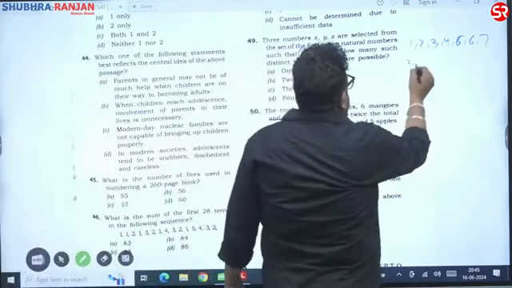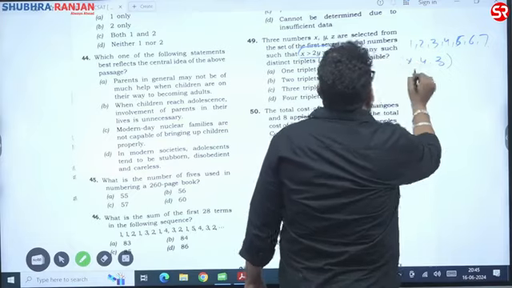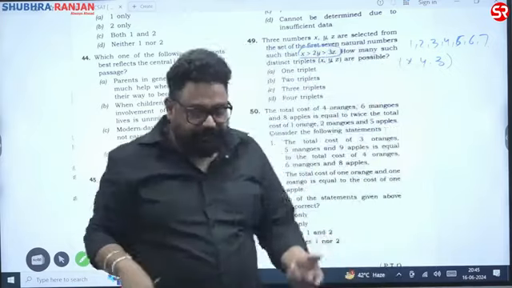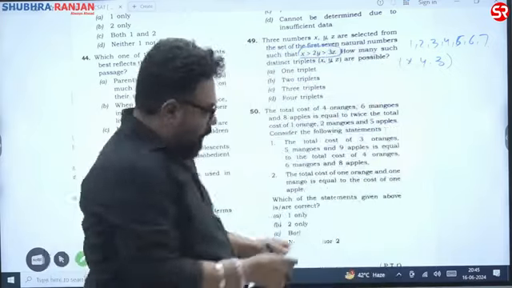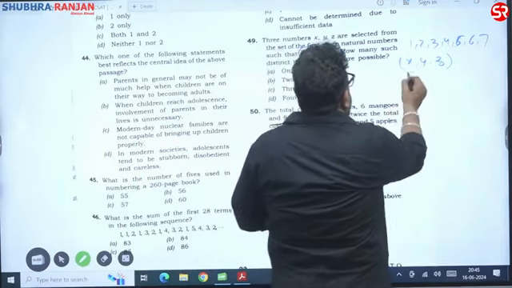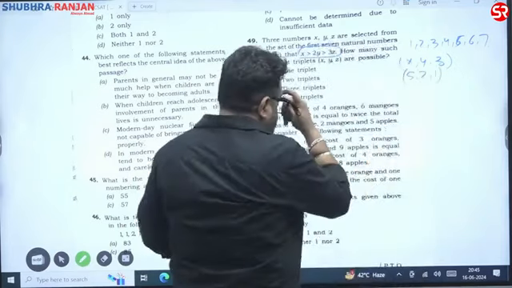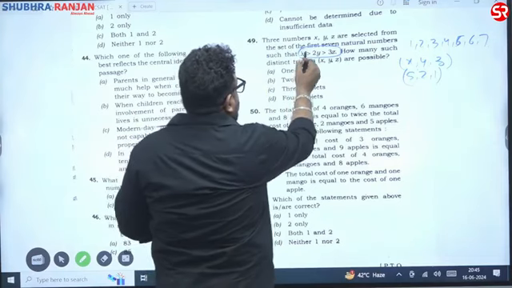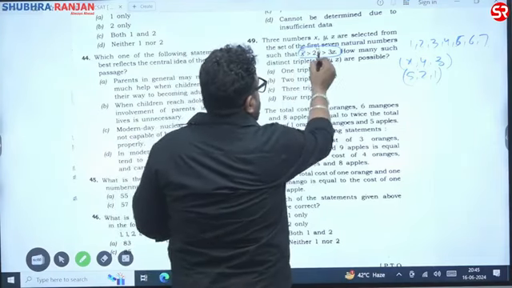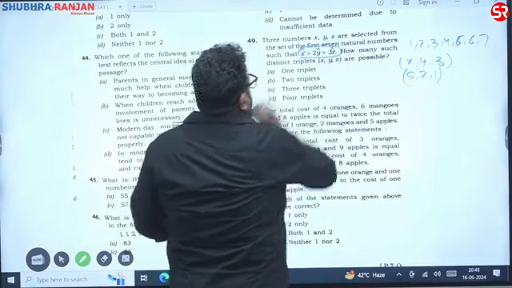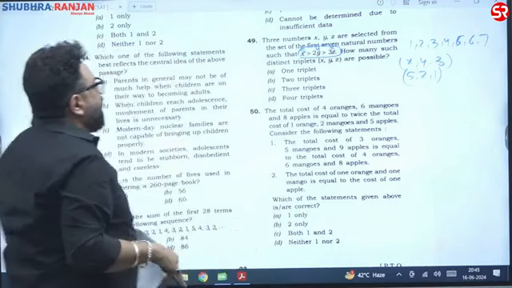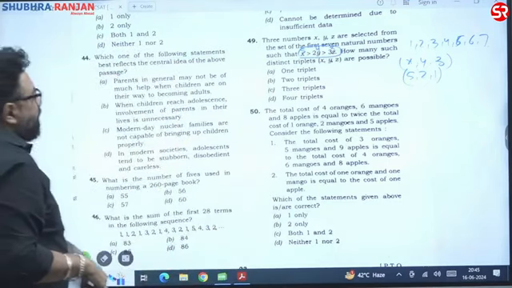I am writing the values of X, Y and Z, kindly check it yourself. I am able to make a lot of values. See, 5, 2, 1. This is 5, 2Y is 4 and 3Z is 3. 5 is greater than 4 and 4 is greater than 3.